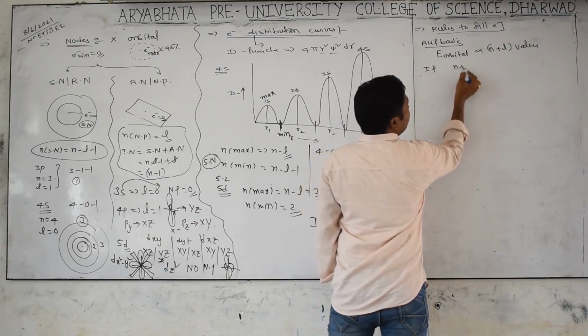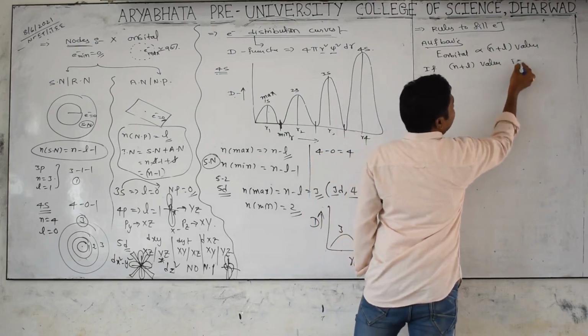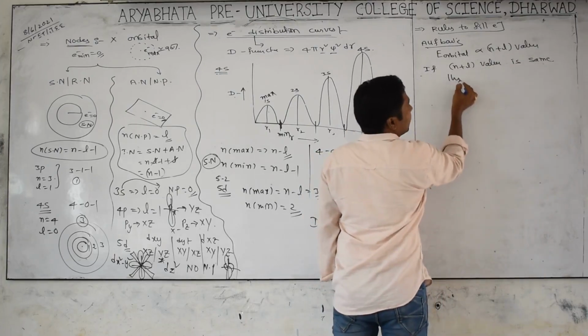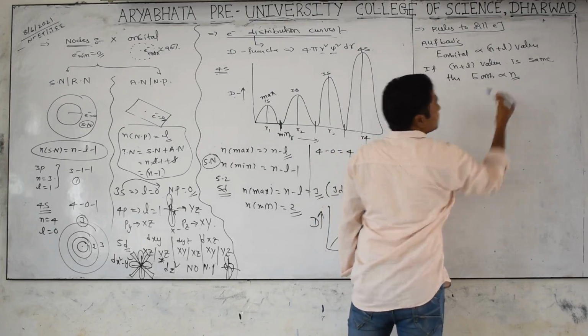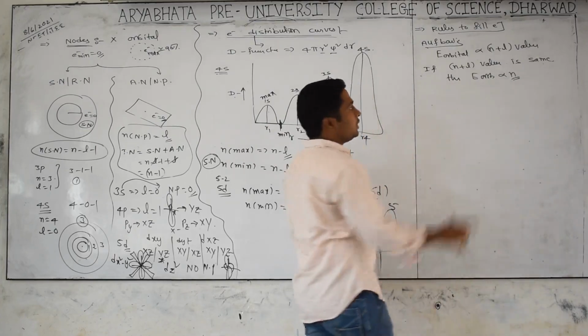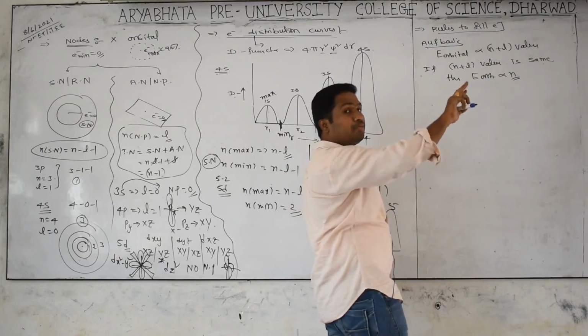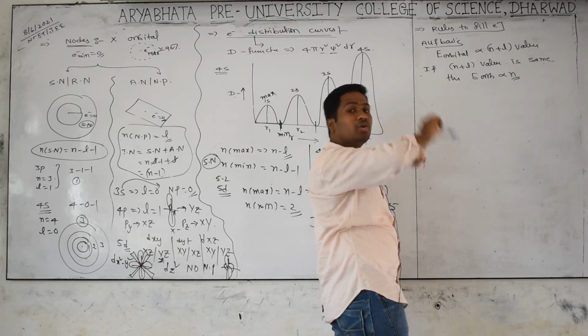If the n plus L value is the same, then the energy of the orbital is directly proportional to n value. If n plus L value is small, then energy will be small. For the given orbitals, if n plus L value is the same, then energy comparison is based on n value.